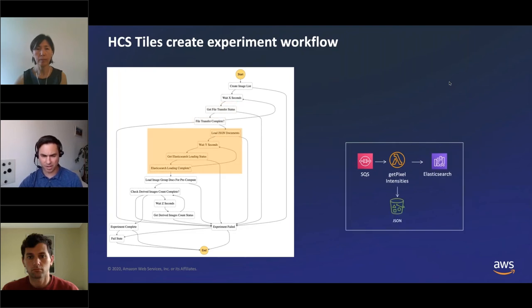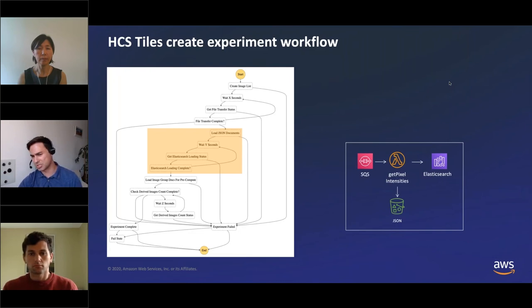As we move on, we have this step in the workflow where we're actually loading metadata that we extract from the images as JSON documents in S3. And these messages start as SQS messages, and they get enriched.